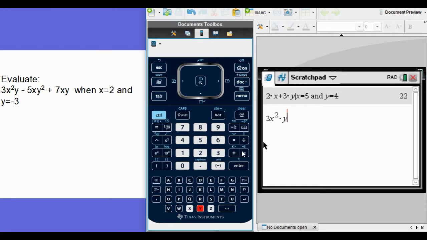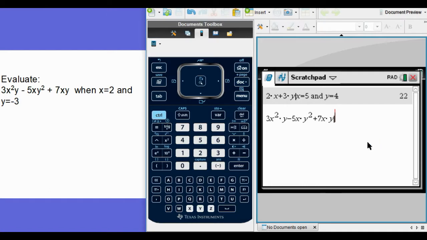And then minus, and everything else we'll just treat the same. 5x, we got letter to letter, so we're going to go times y squared, and then plus 7x, letter to letter, so times y. Alright, once we type that in, we're going to hit Control Enter, go hit our such that.